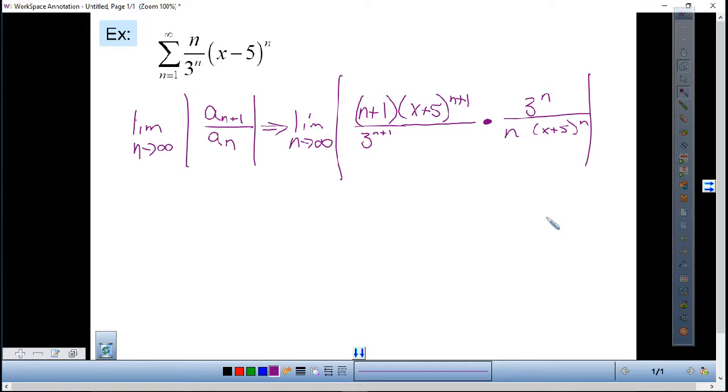All right, and once again, that is absolute value. So when we reorganize just a little bit, keep all the stuff that's on top and all the stuff that's on bottom, you can rearrange it in any order you want so that they correspond. So I'm going to have the limit as n approaches infinity. Now I'm going to do my n plus 1 and my n together.